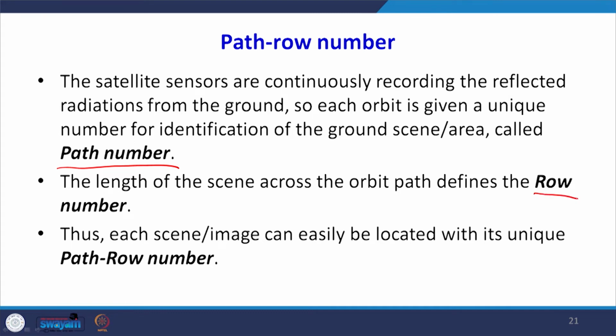I have shown you the swath width. Across the orbital path, we divide that entire strip into different rows, so that we can segment the continuous signals received from the earth surface by the satellite sensor.